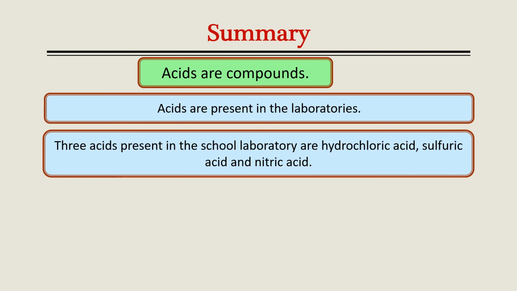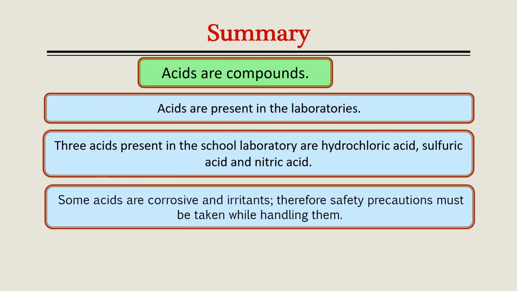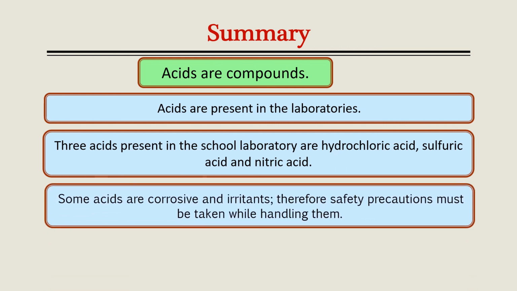Three acids present in the school laboratory are hydrochloric acid, sulfuric acid, and nitric acid. Some acids are corrosive and irritants. Therefore, safety precautions must be taken while handling them.